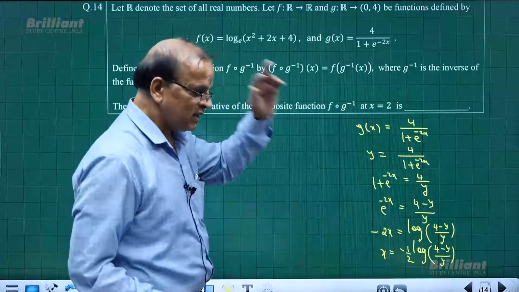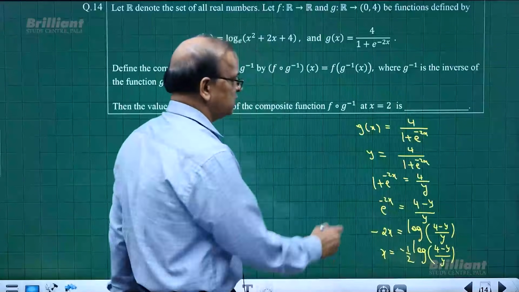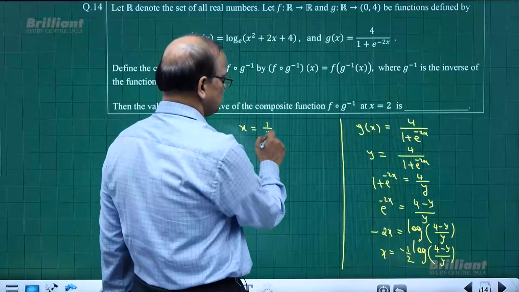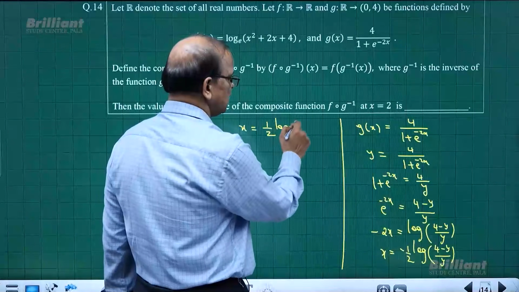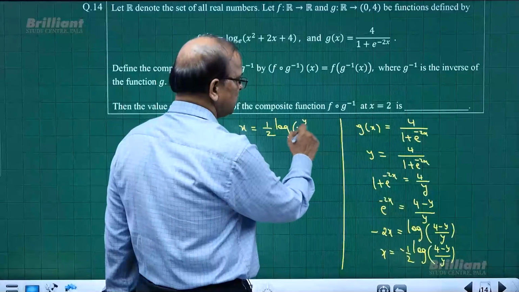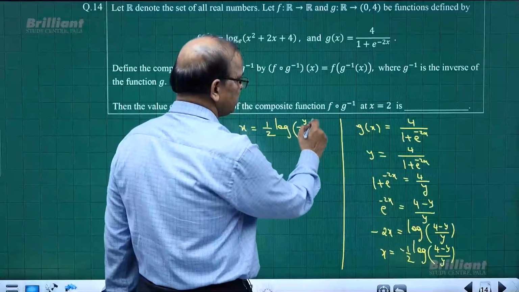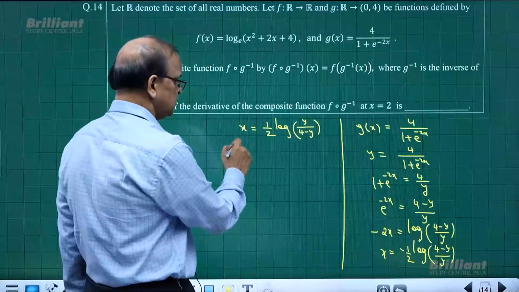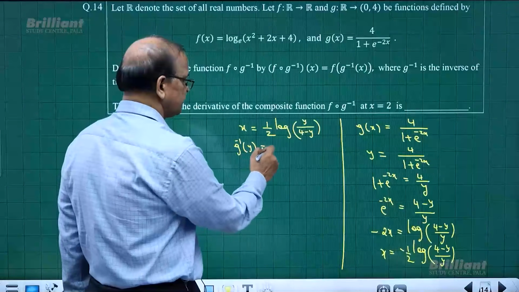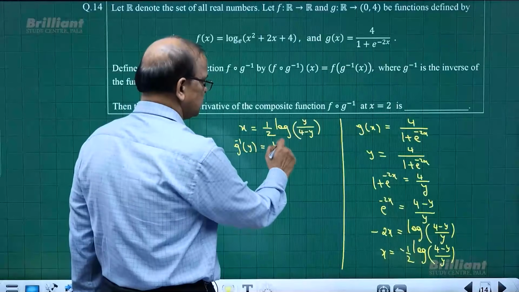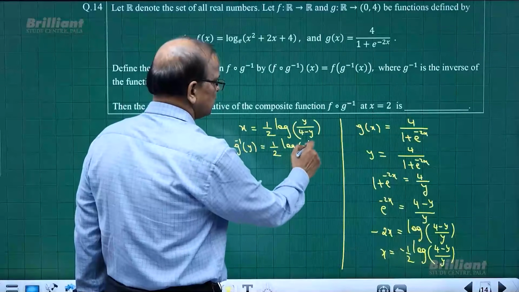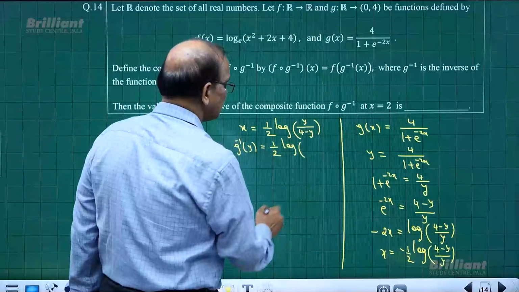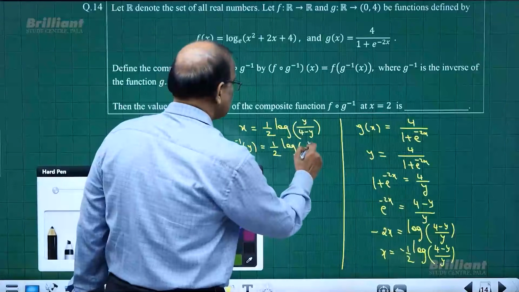So, we will take the minus cancel, we will reverse it, right. So, therefore, x is equal to 1 by 2 log of y by 4 minus y. This is g inverse y.